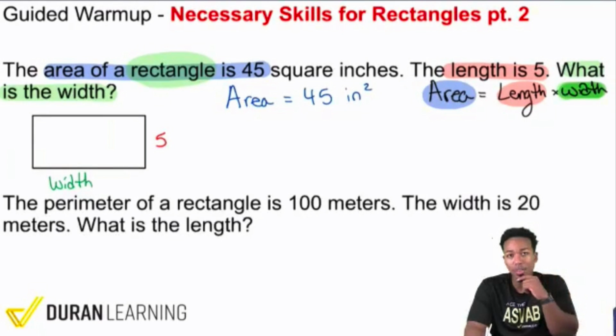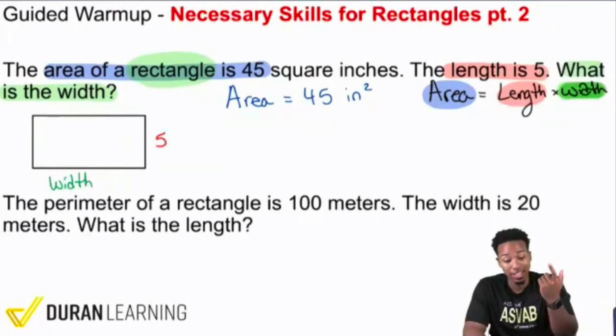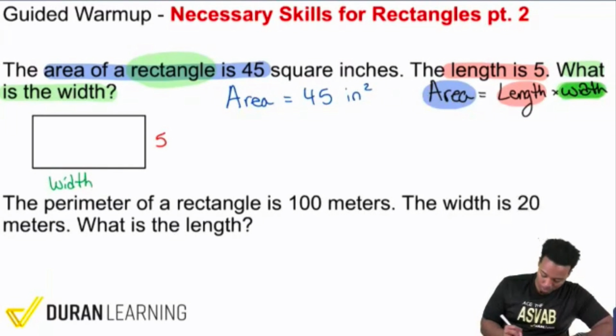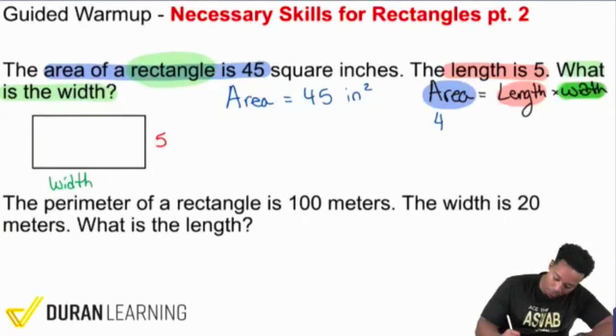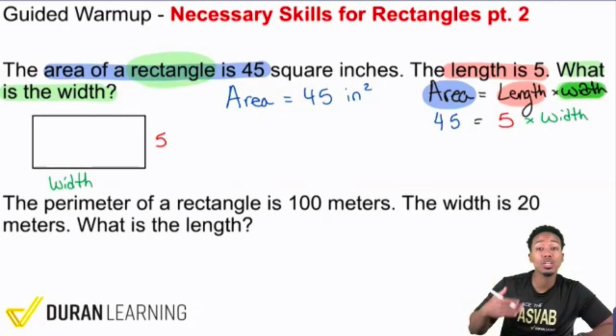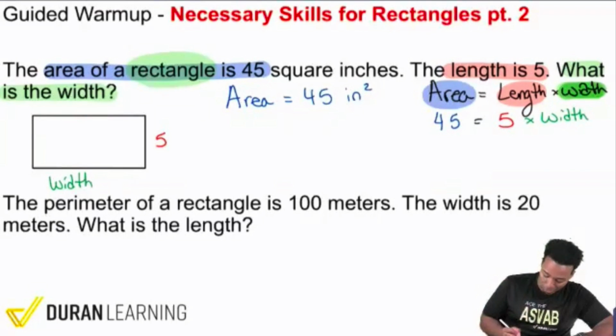Do you see how we can get that? Because we can, and we just need to divide. Because we plug in our numbers, we'll have 45 for the area. We have 5 for the length, and we are looking for the width. And so all we need to do here is work backwards by dividing both sides by 5.